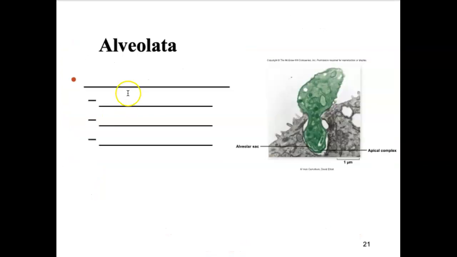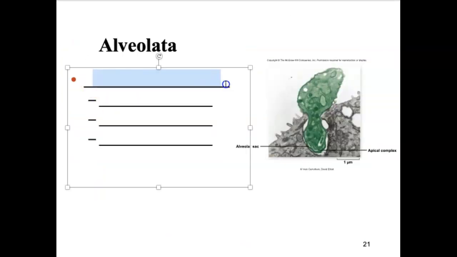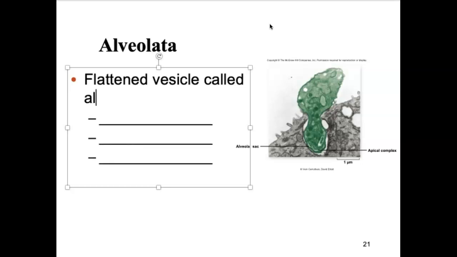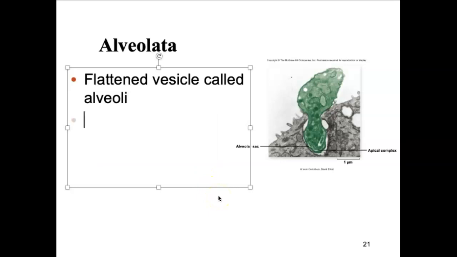Okay, so to be an alveolate, your big key feature is that you will have this flattened vesicle called an alveoli. It's a bag, a sac. That's what I call it, a little vesicle.